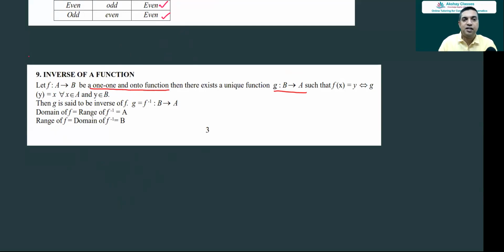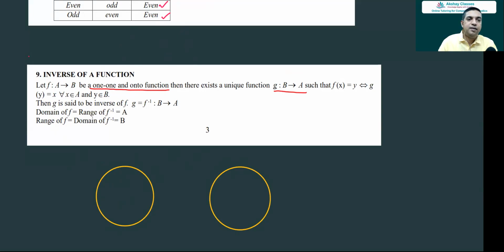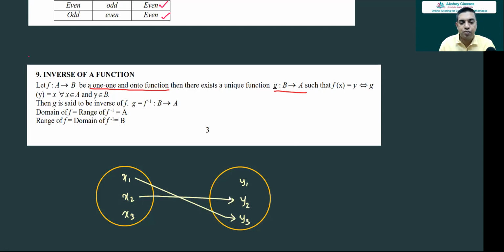So in our example that we had looked into, we'll go back. You had x1, x2, x3, y1, y2, y3. x1 had mapped to y3, x2 to y2, and x3 to y1.